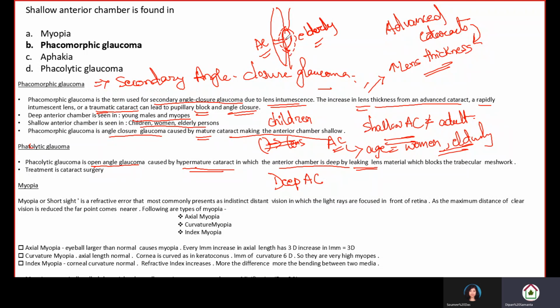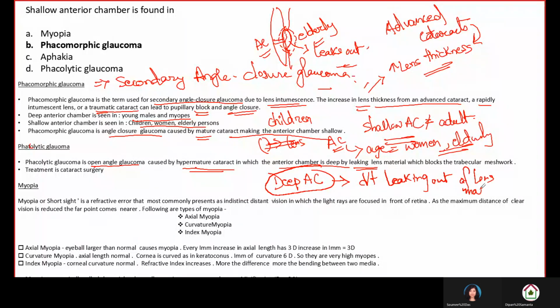And if the lens material leaks out, then what will happen? More space in the anterior chamber. So deep anterior chamber is due to leaking out of lens material, which blocks the trabecular meshwork, and treatment is cataract surgery.